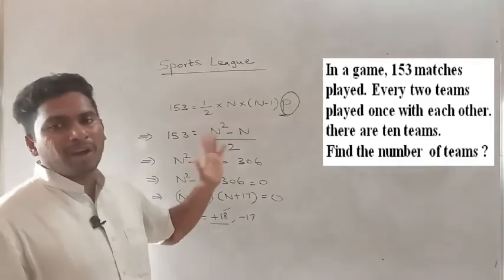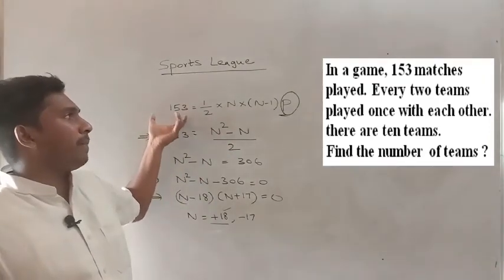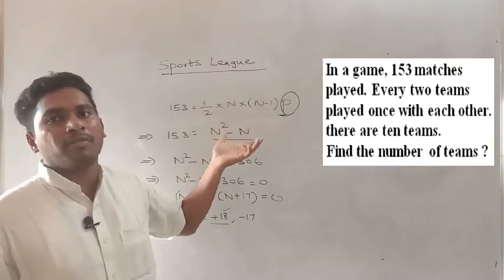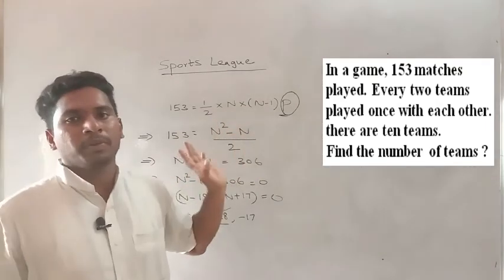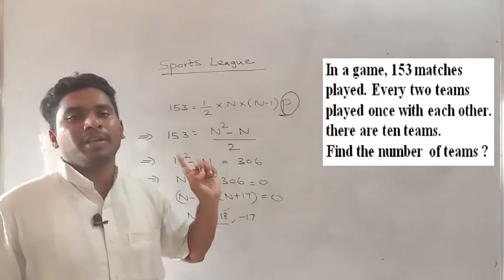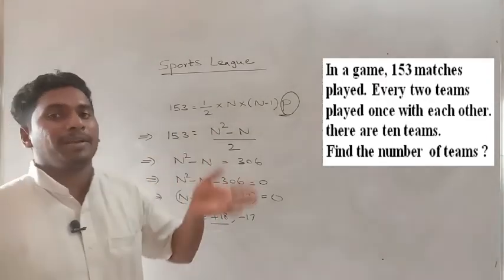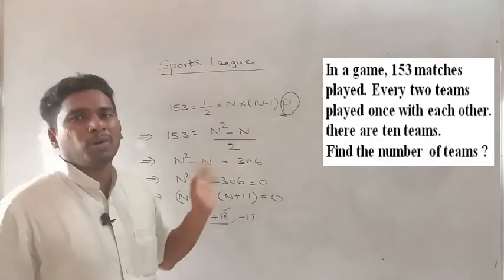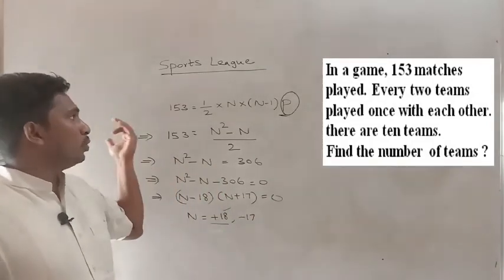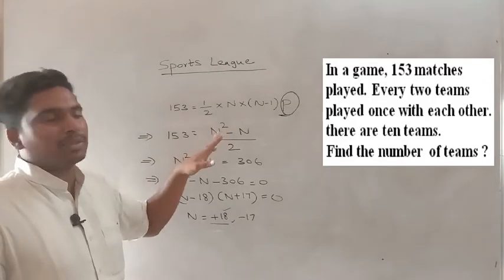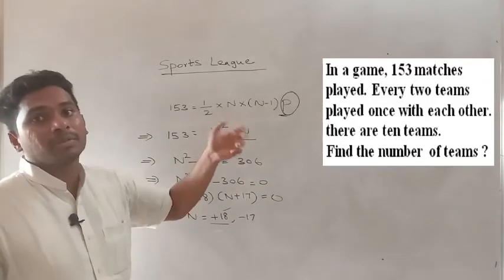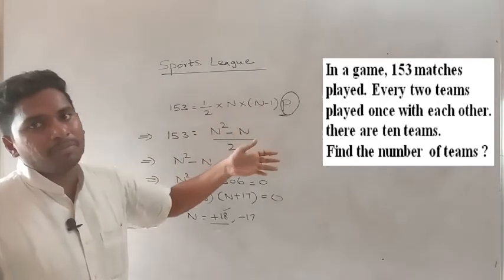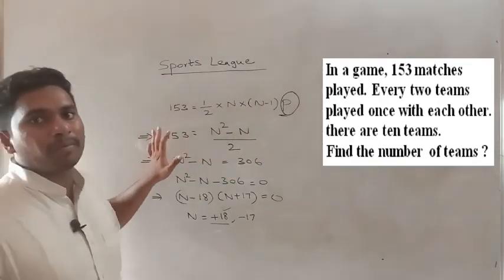They can ask in any manner. On one side we have the total number of matches played, and on the other side the formula, half into n into n minus 1 into p, where n is the number of teams and p is the number of times. They can give any two out of the three. Either they give matches played and teams and ask how many times, or they give the number of teams and number of times and ask the total number of matches.